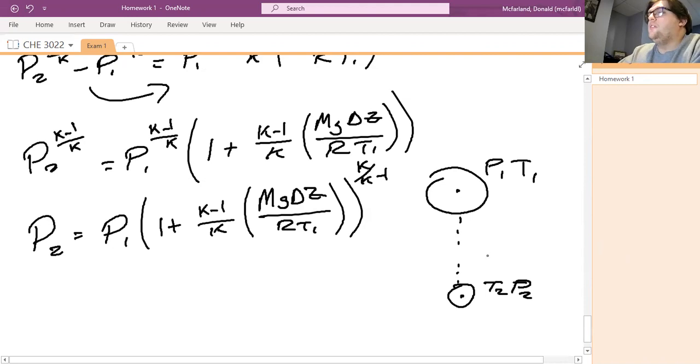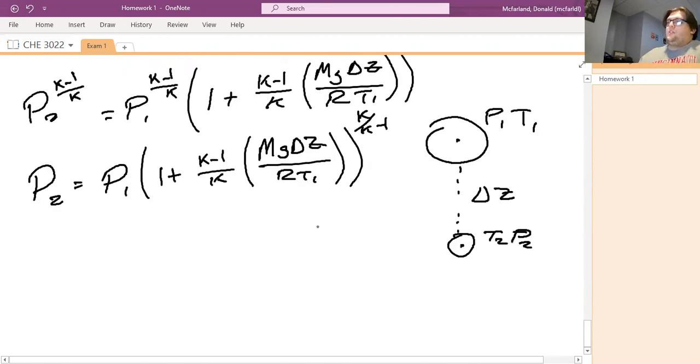Down here at a distance of z. So delta z. Now you may be asking yourself, how will you find temperature? Really, it's just a simple algebra step.